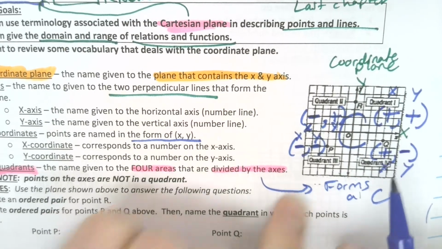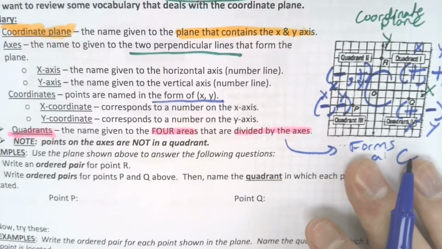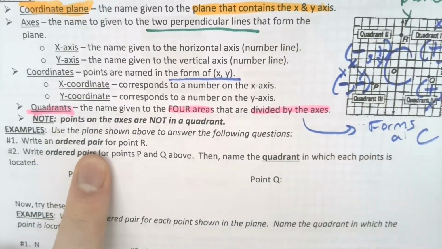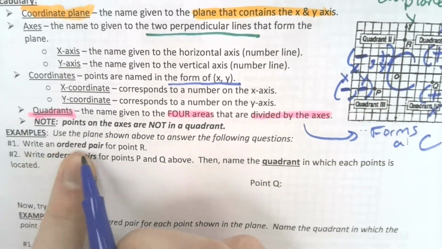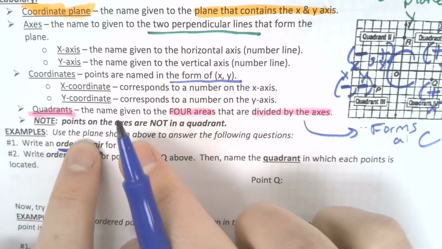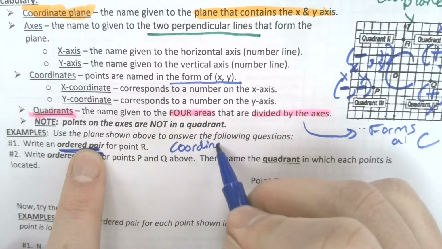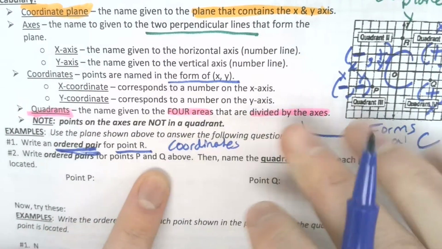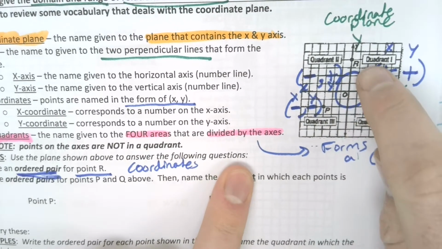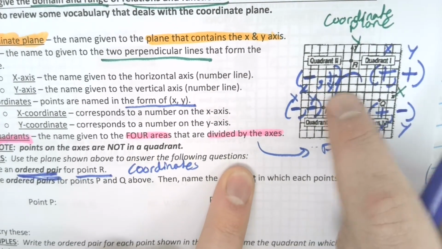If you're a little confuzzled, what I want you guys to do is, well, how about this? First, we're going to write an ordered pair, aka the coordinates, same thing, for point R. Well, here's R right here. So R is not to the right or to the left.